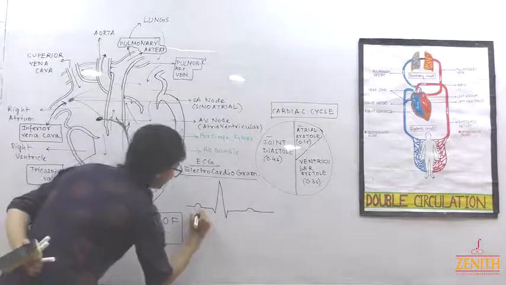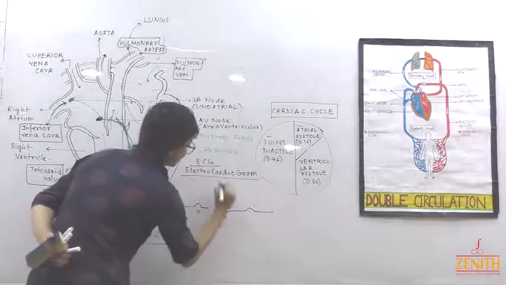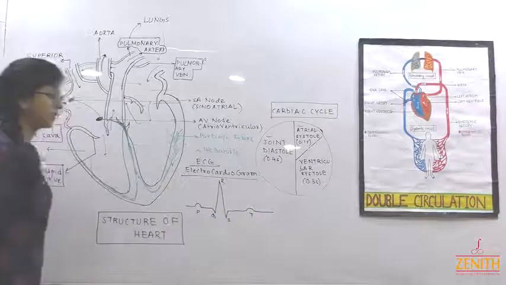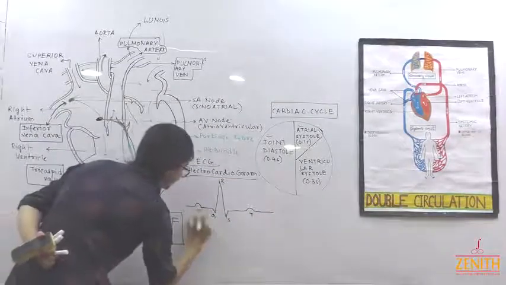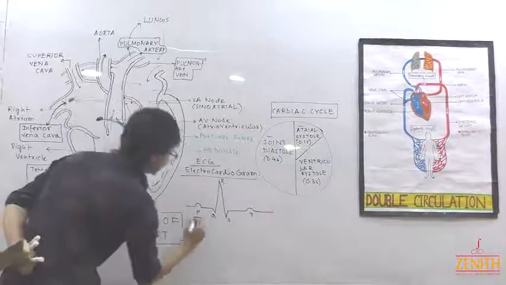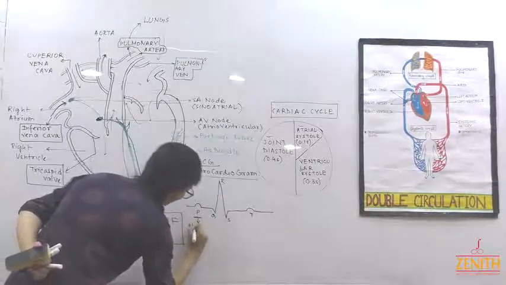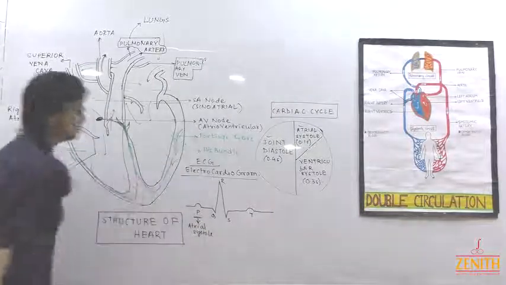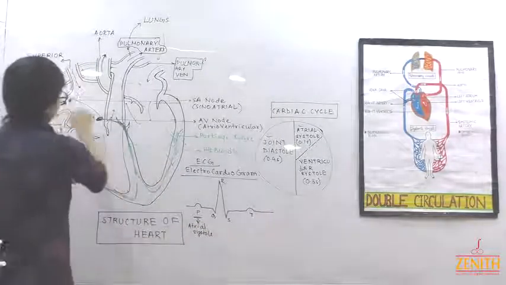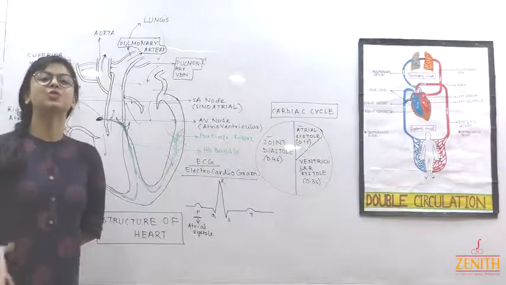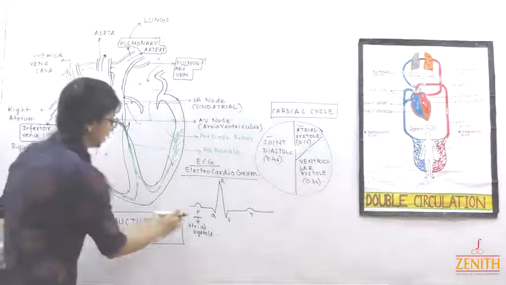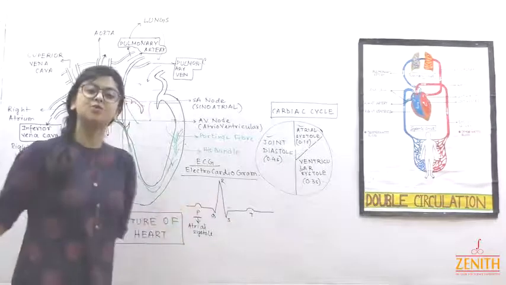It has some waves like this. The first is the P wave, then there are the Q, R, S, and then the T. The P wave strongly suggests the atrial systole. That means during this time, the SA node was doing the depolarization, generating the electrical impulse, so that the atrium was undergoing systole.